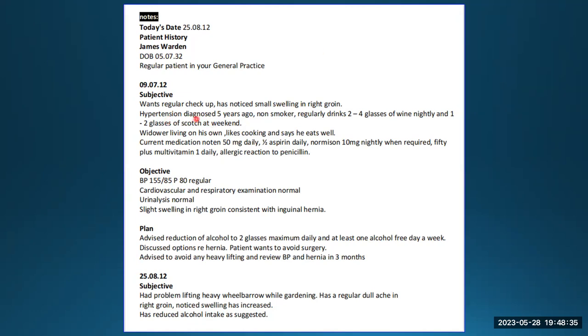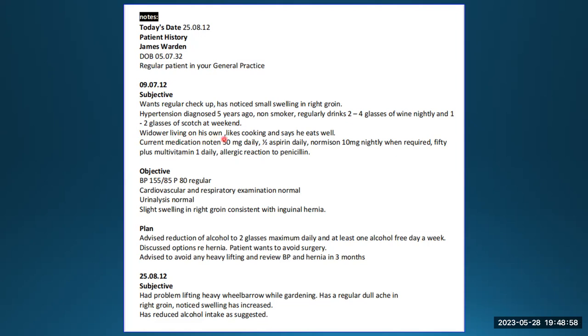Yes, relevant, because maybe he will need surgery and the surgeon might need this information. He's a non-smoker. This is negative history, like a negative finding. We can skip it. This is irrelevant. He's drinking more. This is relevant. His drinking history is relevant.